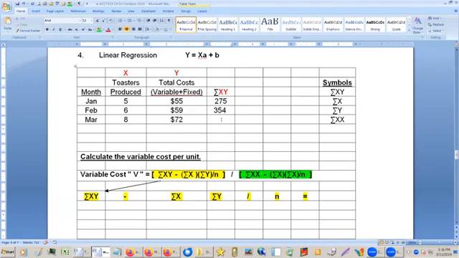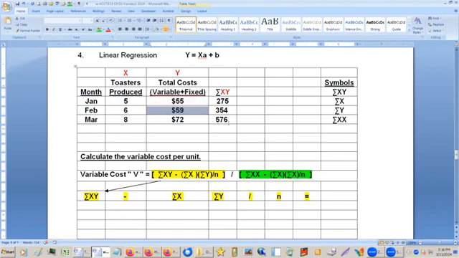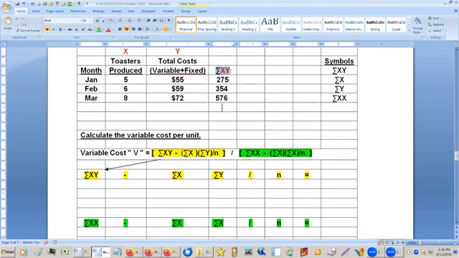Then 8 times 72. Okay, so I'm gonna bold all those. So now we're going to sum those up. Add them all up. 275, and I got 1205.